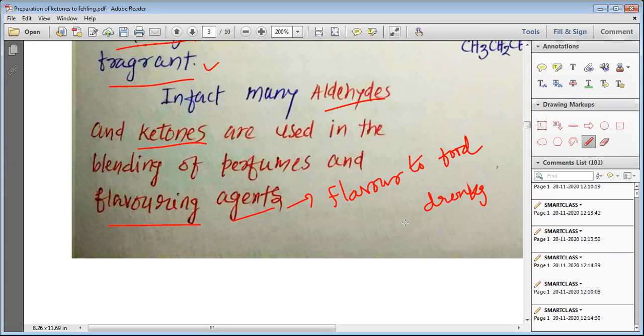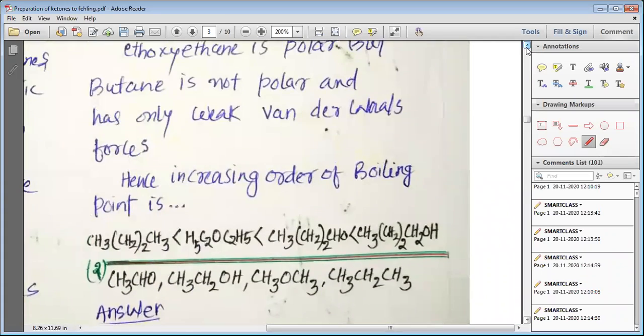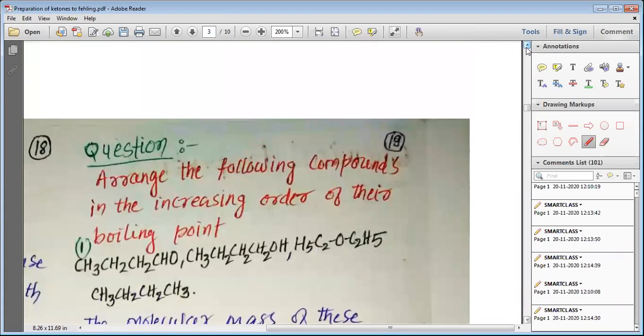The various beverages or drinks available in the market use these aldehydes and ketones to give them a good smell or a good flavor. This is how, my dear students, we study the uses of aldehydes and ketones, and we have been studying their physical properties.